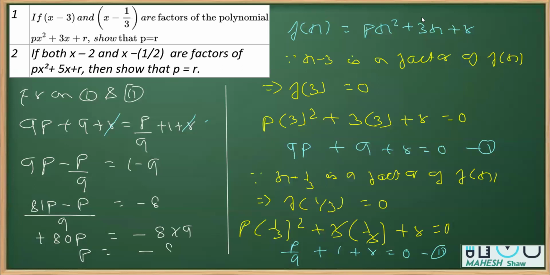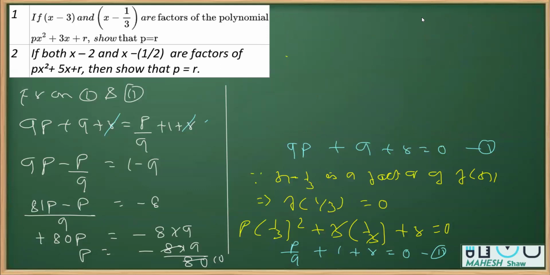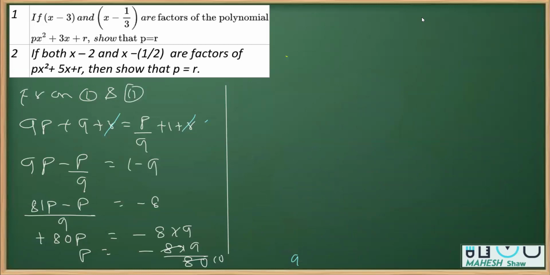Finally, we are going to divide this by 80, so I'm going to get minus 9 by 10. So the value of p we got is minus 9 over 10.